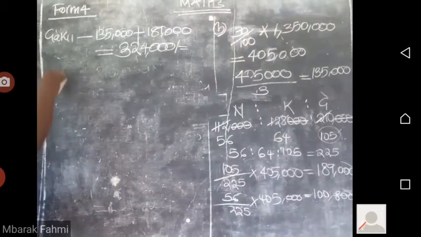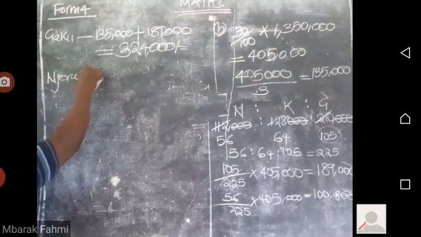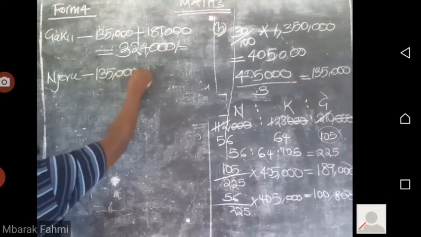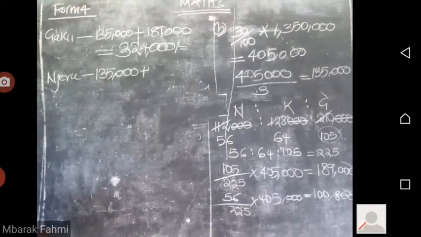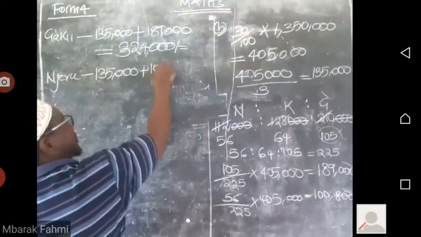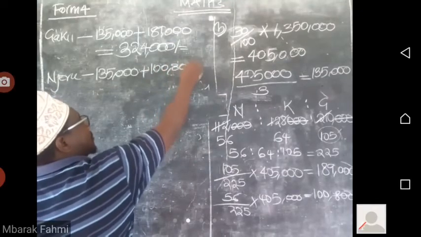And then now we go to Jero. For Jero, we were told there was an equal share of 135,000. Okay, and in addition, she got 100,800 shillings.